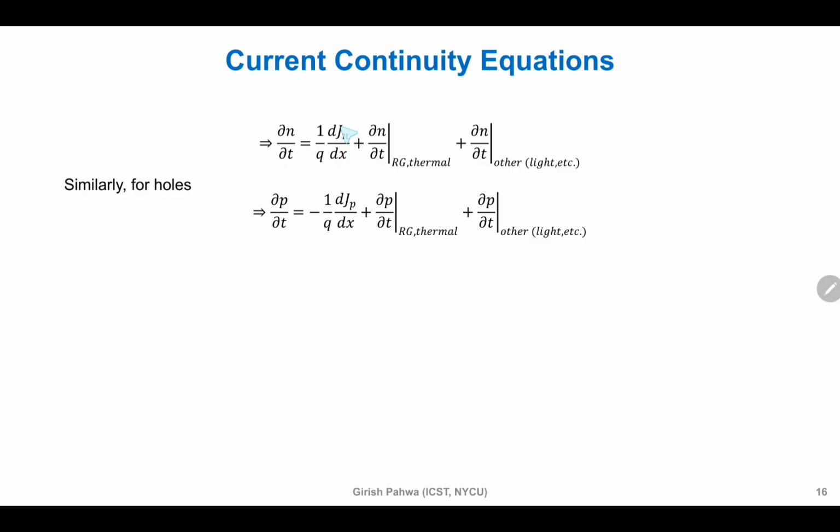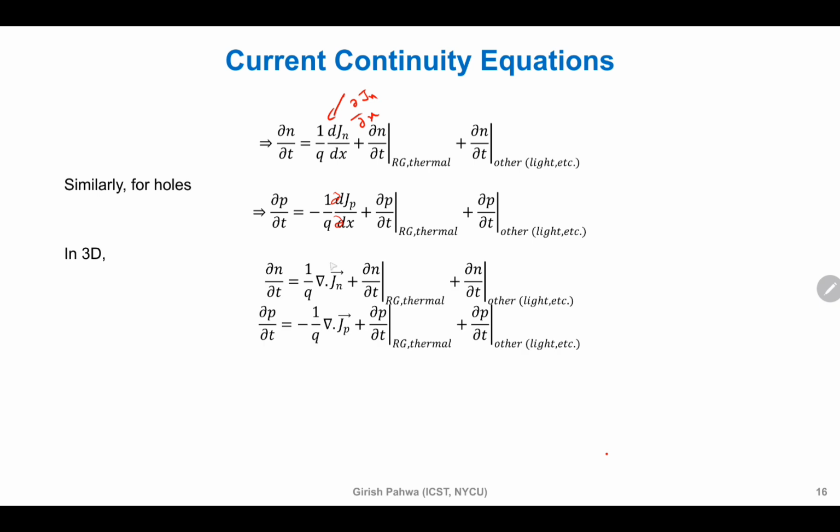And this is for 1D. In 3 dimensions, this d by dx should actually be a partial differential, del by del x. So this del Jp by del x becomes the gradient, which becomes del dot J. So what is del dot J in 3D?